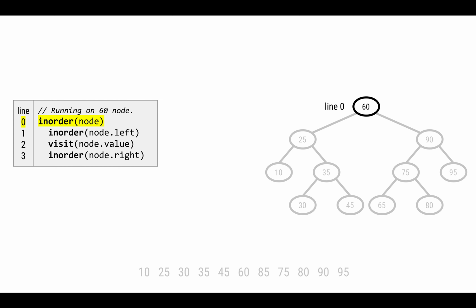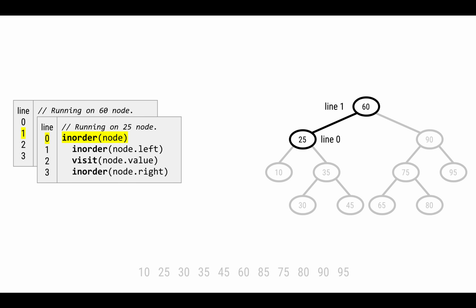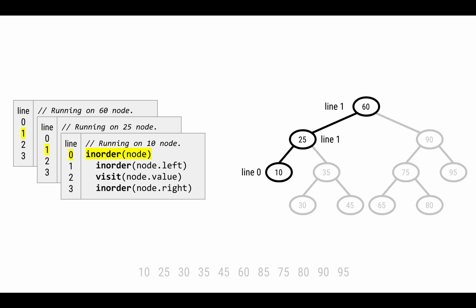So if we're starting and running on the node that contains the value 60, then we're currently at line 0 of this pseudocode, and it's telling us to look at the left children. So we're looking at the left child. We're now looking at its left child, looking at its left child again.